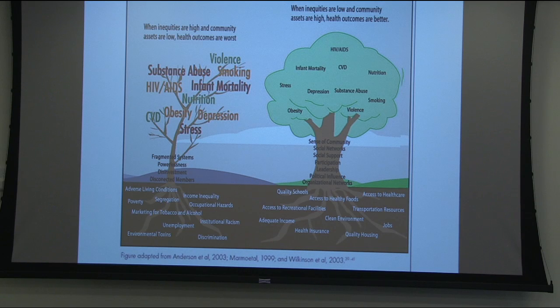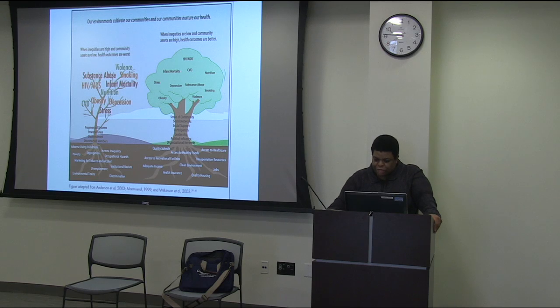And with the example where community assets are high, there are quality schools, access to healthy foods, access to recreational facilities. People are making adequate income.